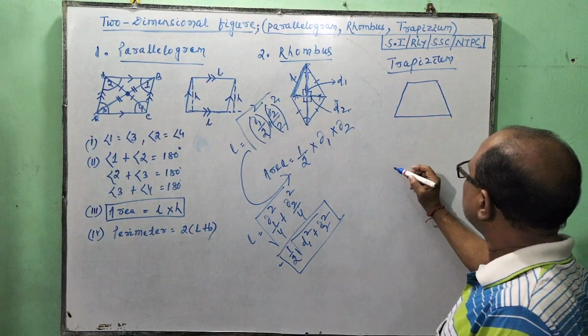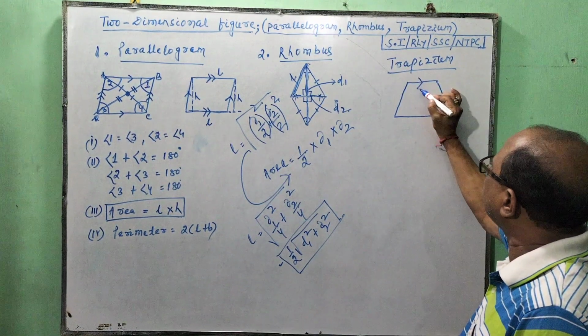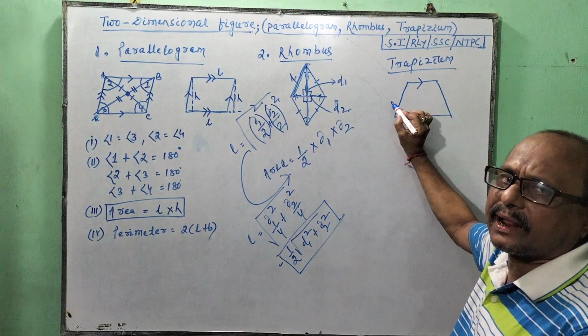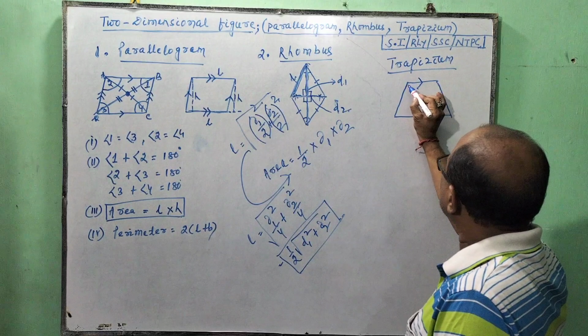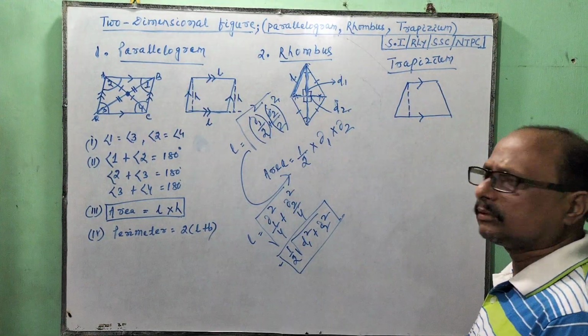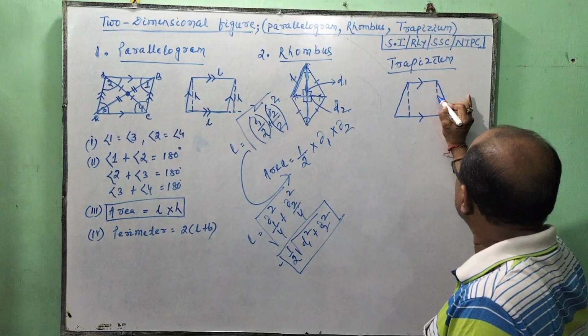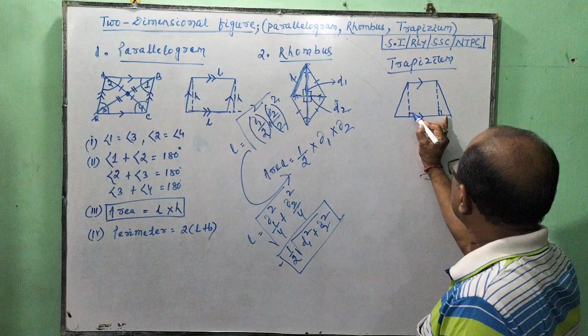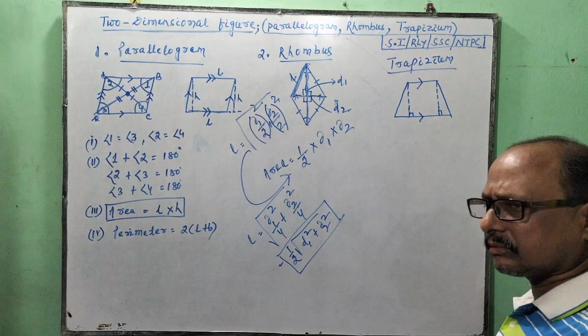This is a trapezium, in which one pair is parallel. This pair is parallel; these other two sides are not parallel. So this is the height of the trapezium. This is also the height of the trapezium. It is 90 degree on the base. It is 90 degree on the base.